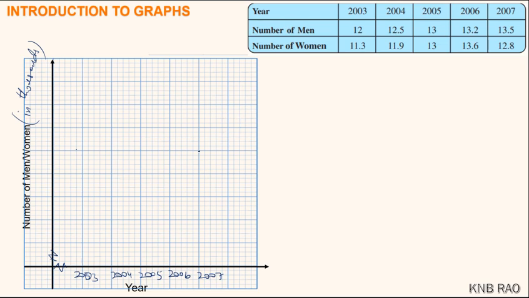Then further here also I am putting a kink on vertical axis. Your minimum value is 11, so I will start from the 11, 11.5, 12, 12.5, 13, 13.5, 14. So in one unit I have got 5 subdivisions.